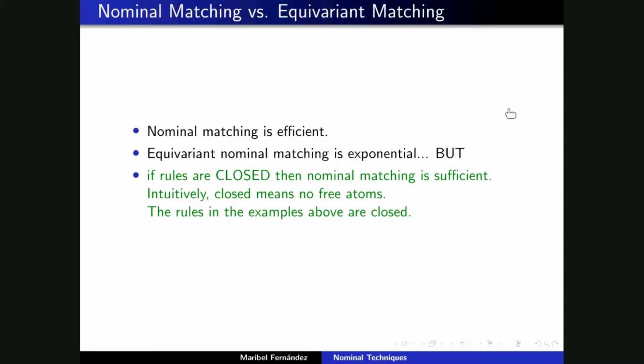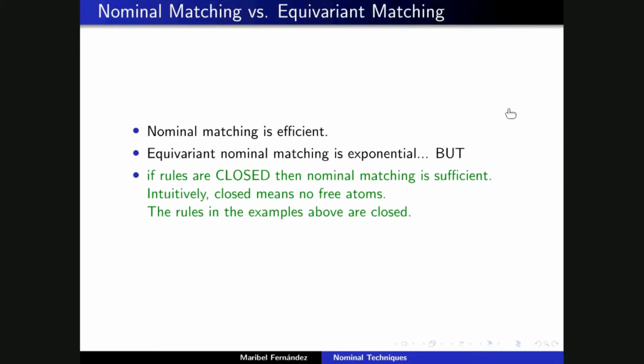The class of rules that we call closed are actually as expressive as the class of rules of higher order rewriting systems. Remember at the very beginning, I told you about systems like combinatory reduction systems or higher order rewrite systems that use the lambda calculus as a meta language and work modulo alpha in a restricted version of beta to make sure that things are decidable.